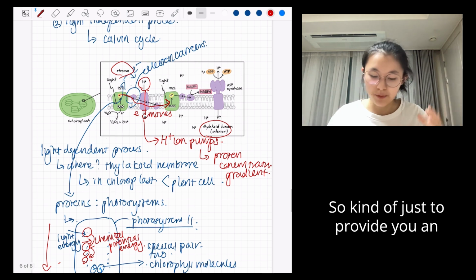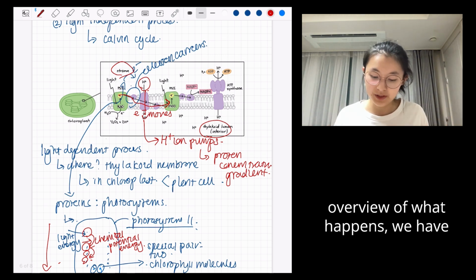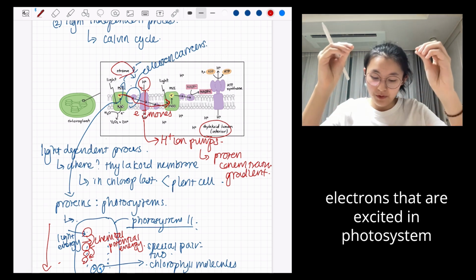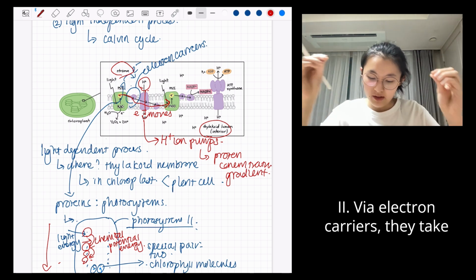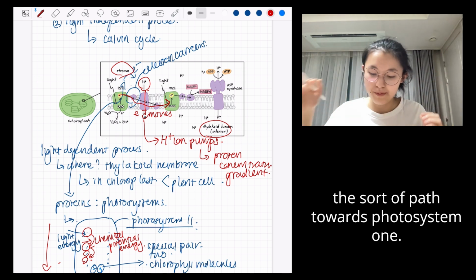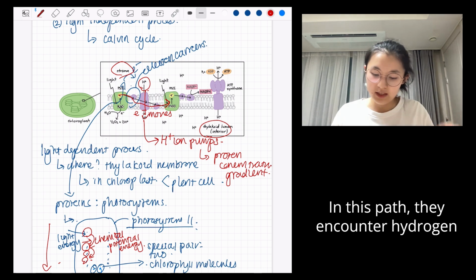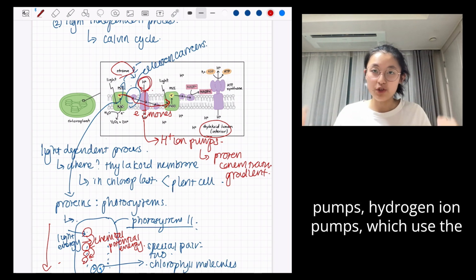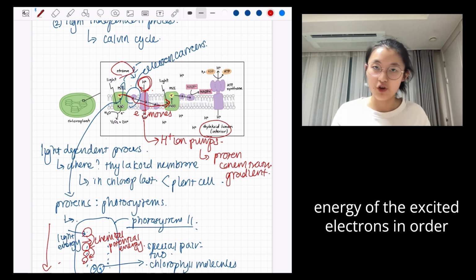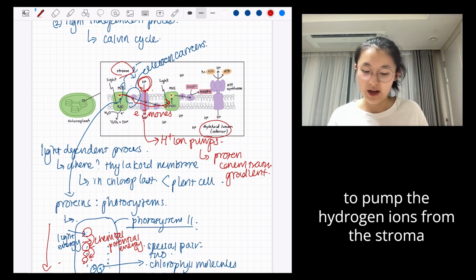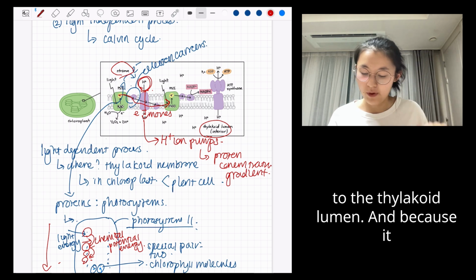So just to provide you an overview of what happens, we have electrons that are excited in photosystem 2. Via electron carriers, they take a path towards photosystem 1. In this path, they encounter hydrogen ion pumps, which use the energy of the excited electrons to pump the hydrogen ions from the stroma to the thylakoid lumen.